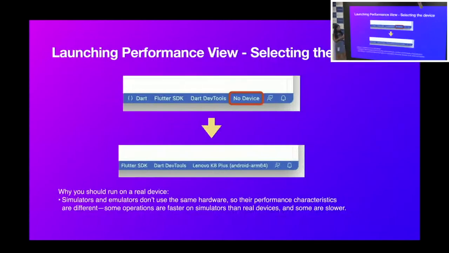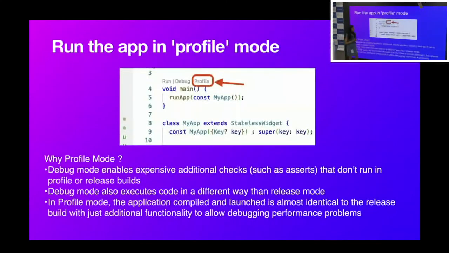Then whenever we run our code, there are three modes in which we run our code: either run, debug, or profile. It's very important that you run it in profile mode here, because debug mode has extra assertions and checks which can actually slow down our app when we run it. Secondly, the way the code executes.